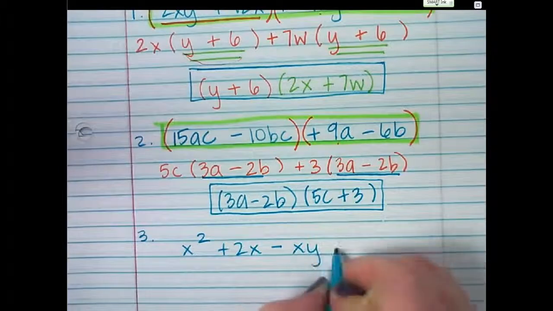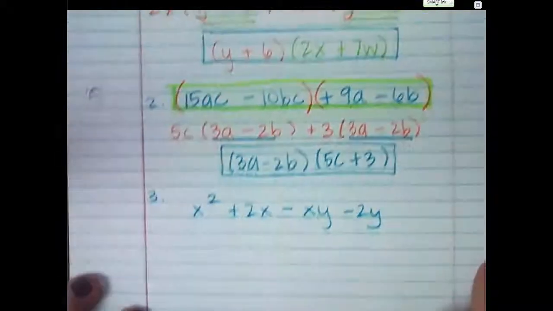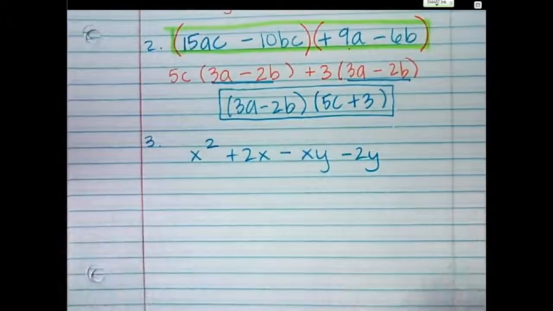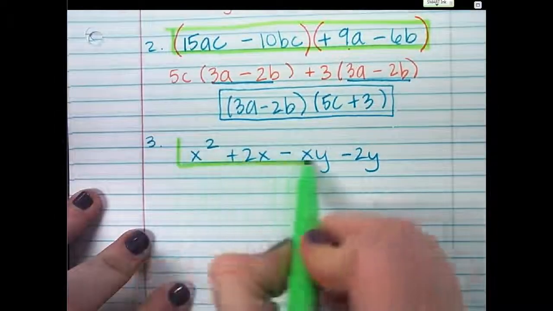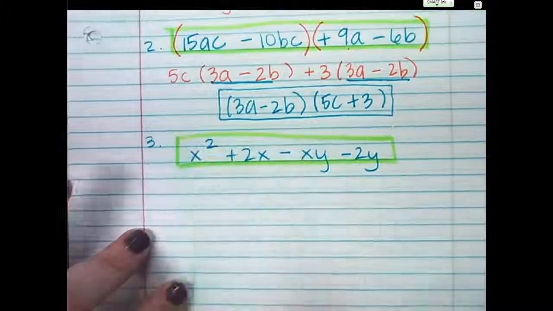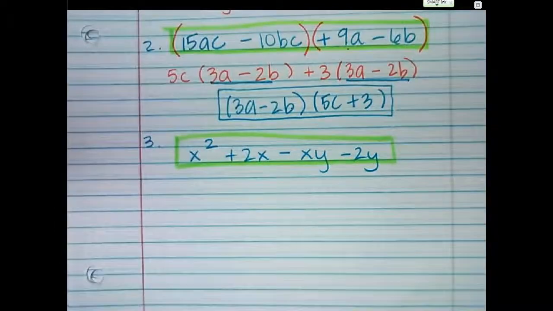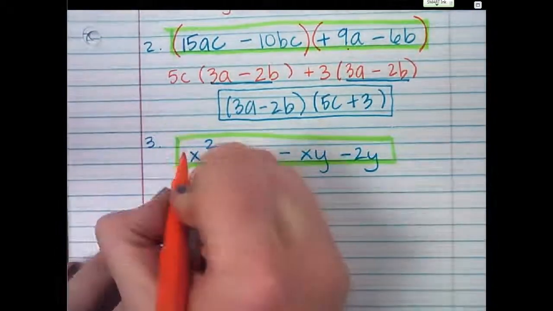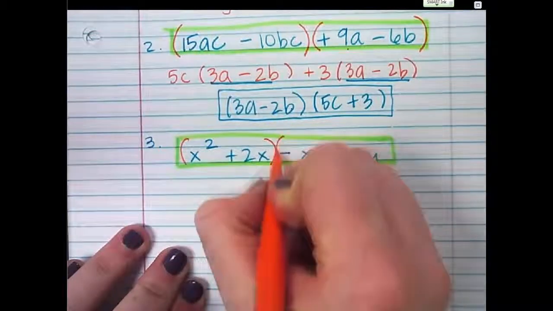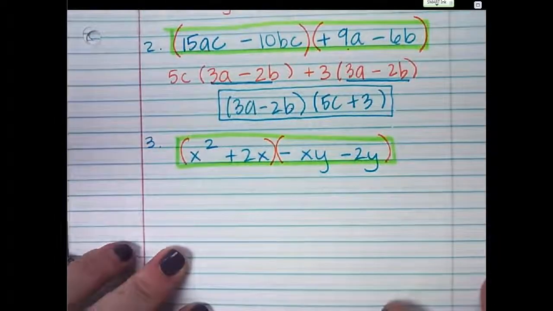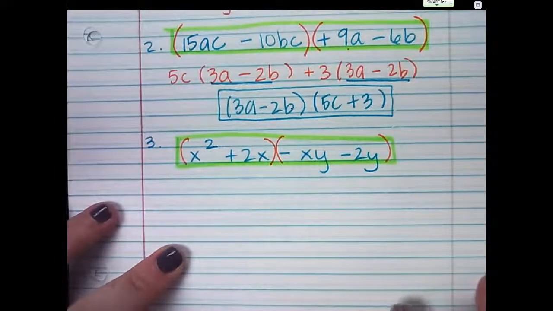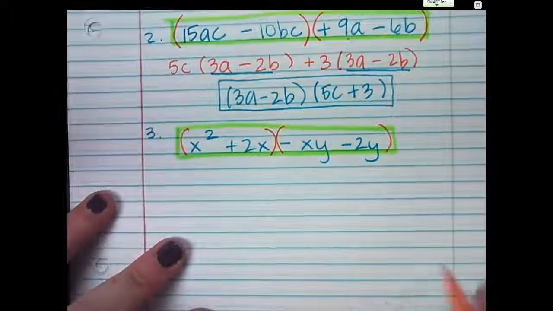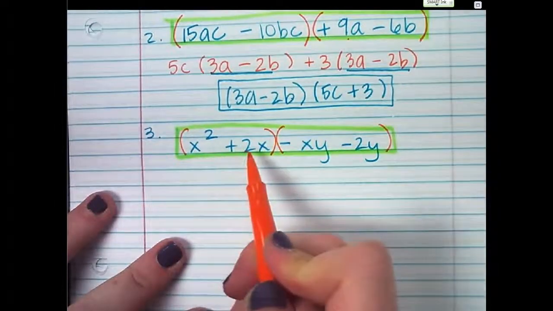Okay, number 3. Group the first two, group the second two. So what's common in the first binomial?